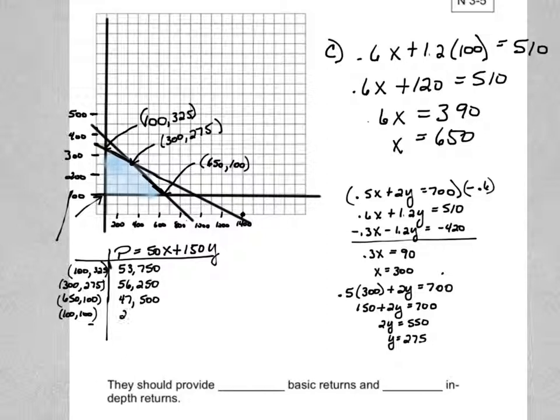And for the 100, 100, you get 20,000. So the maximum profit is realized right here, and that is, if you go down here, they should provide 300 basic returns and 275 in-depth returns to maximize their profit.